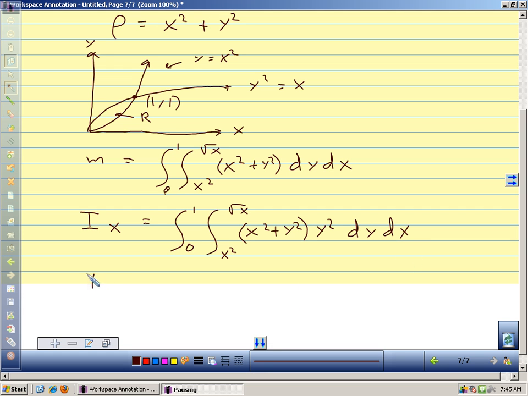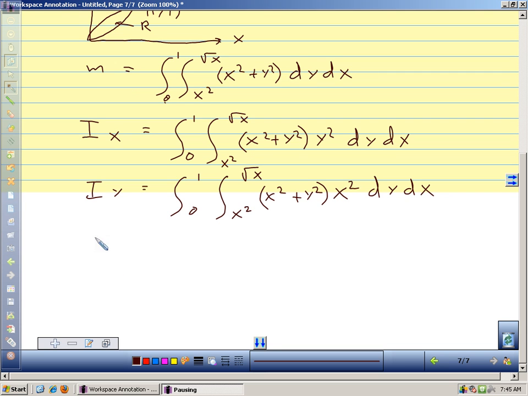I sub y is the integral, same limits, 0 to 1, x squared to square root of x, our density function x squared plus y squared, weighting by the square of the distance from the y-axis, so we're going to plug in an x squared, dy dx. And I sub 0, our polar moment of inertia, is just I sub x plus I sub y. Once we calculate these two, we have what we need.